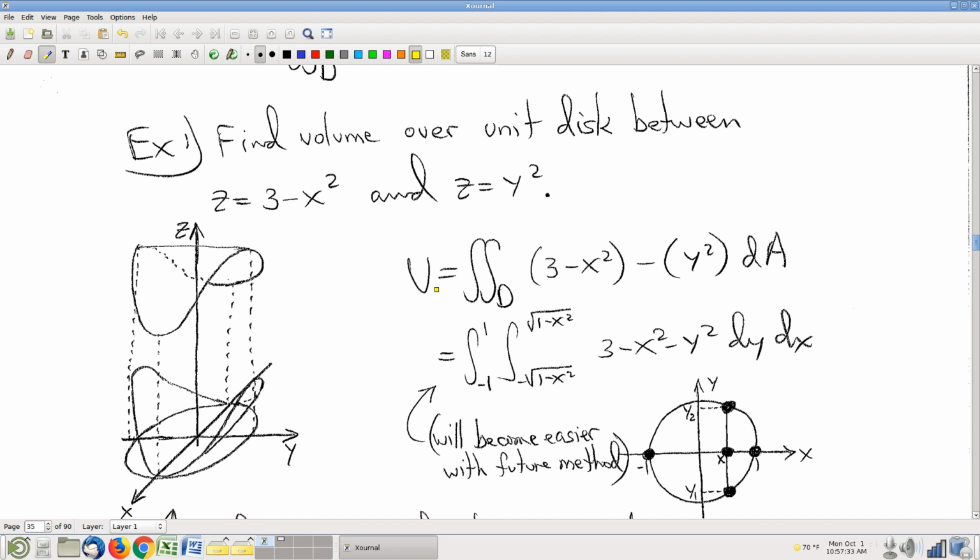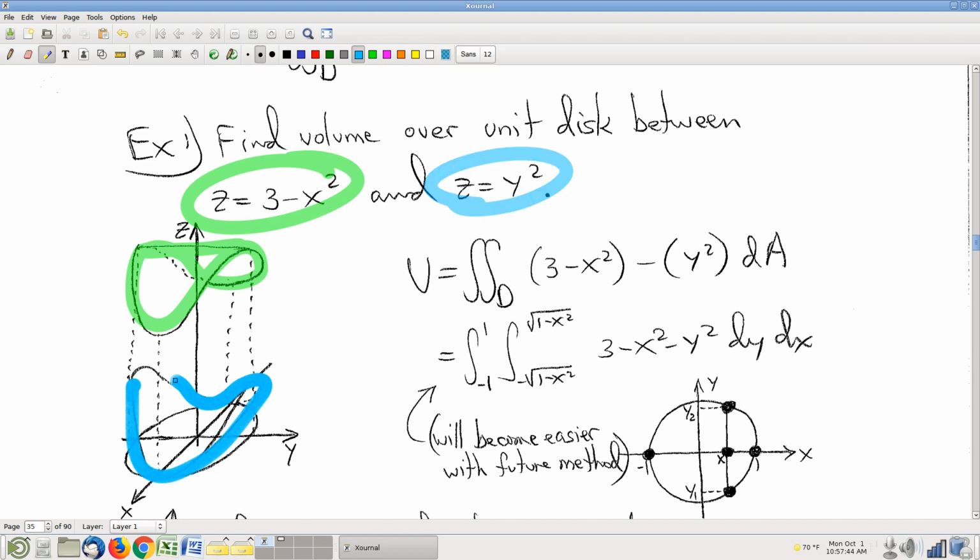How do I know that this curve is sitting over and doesn't slip under this curve? Uh-oh, then I'd have an absolute values issue to worry about. How do I know I don't have to deal with that? Well, a couple different ways you can do this. Keep in mind we're sitting over the unit disk, which means that y squared is never going to be bigger than 1.